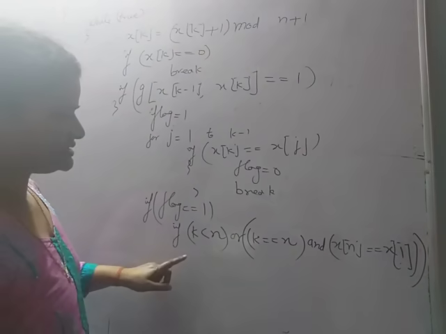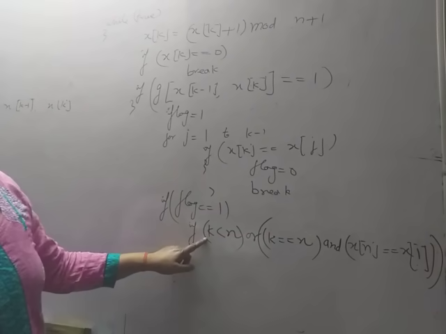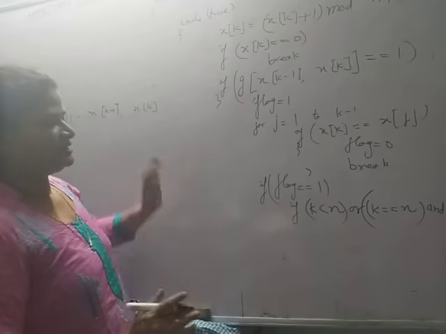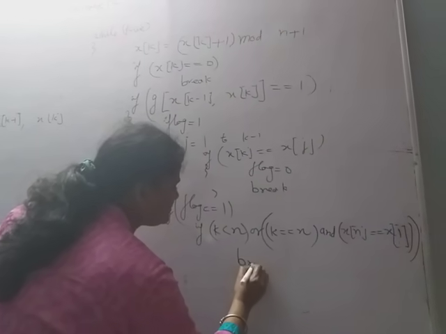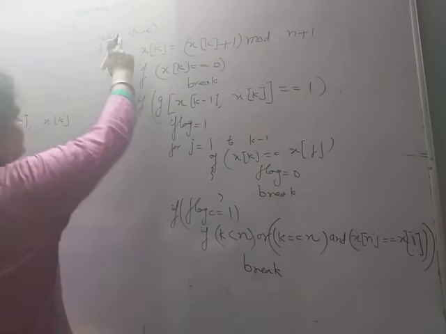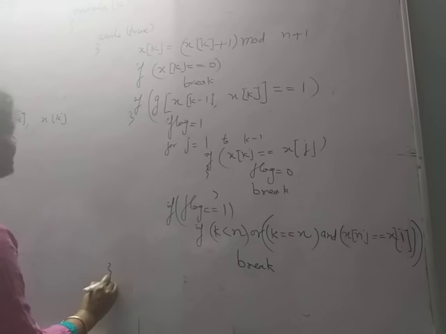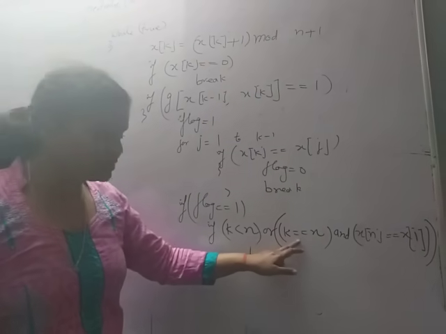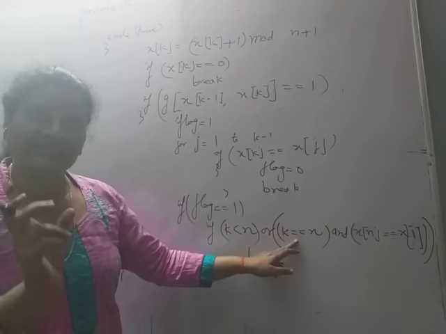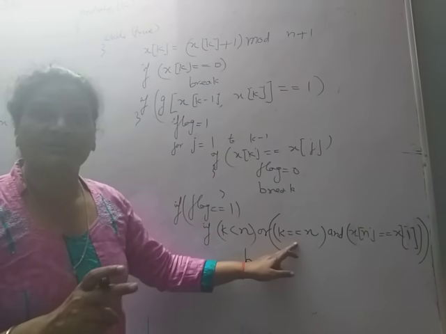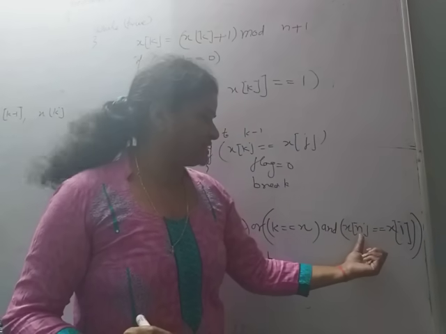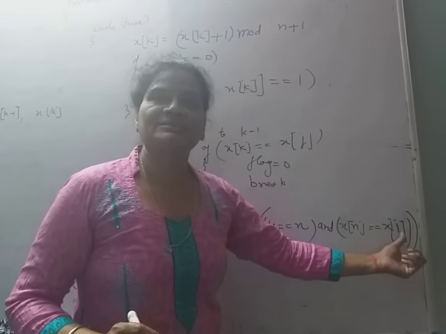Here one condition is k less than n. If k is less than n, it's okay, it will return. Here it is break, break from the while loop. And if k equal to n, it means this is the last vertex. If this is the last vertex, then this should be equal to the first vertex: xn equal to x1.